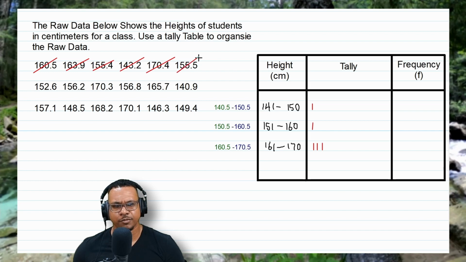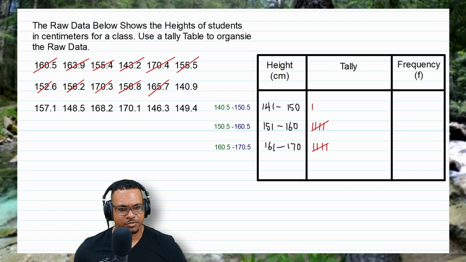Then we have 155.5, that comes here. 152.6, that comes here. 156.2, that still comes here. 170.3, again, this takes up to 170.5. So, well, actually 170.499. So it still comes here. Then we have 156.8. So that comes here. So upper stroke like that for 5. 165.7. That will come here. So upper stroke here for 5.